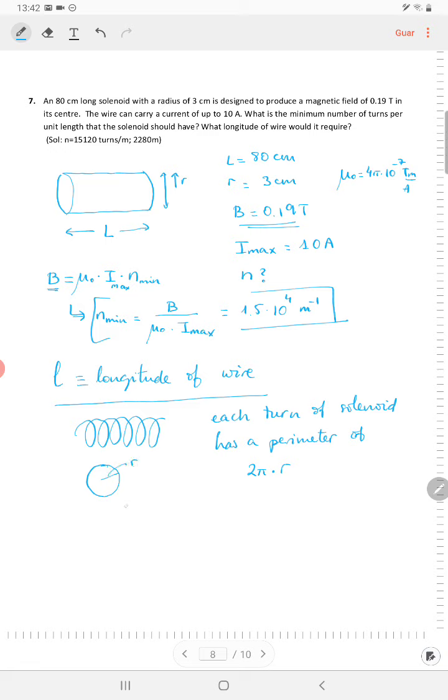So if we need n turns, then the total length is going to be n times 2 pi r.